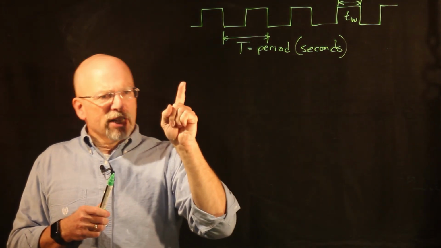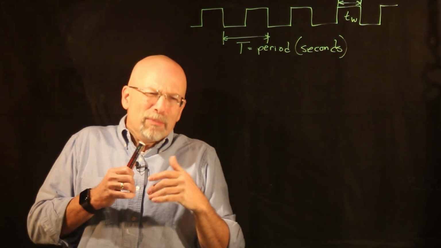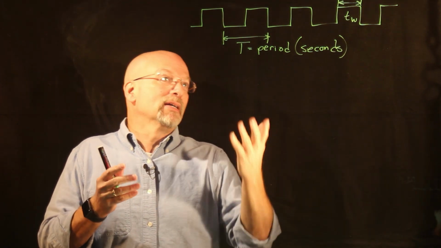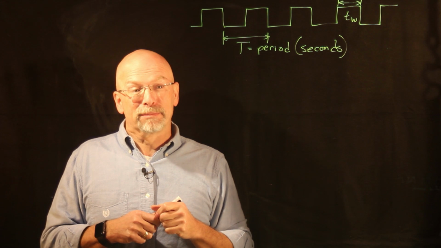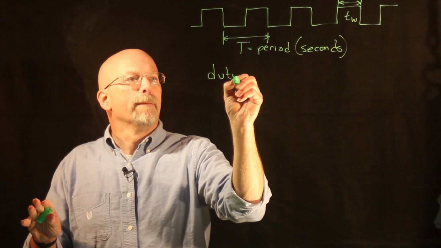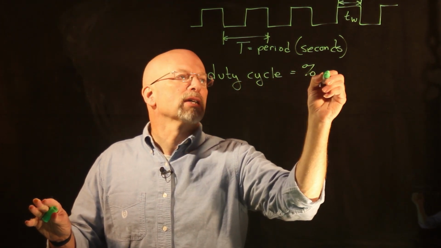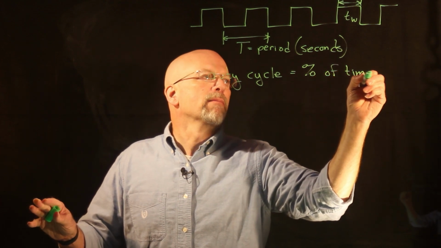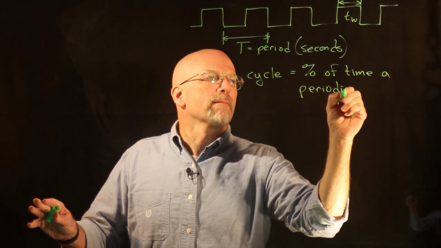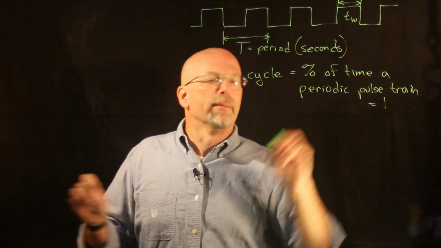Now, looking at that signal, what percentage of time would you consider it to be a logic 1? Well, it looks like about 50%. This brings us to a term called duty cycle. A duty cycle is basically the percent of time a periodic pulse train equals 1, a logic 1.